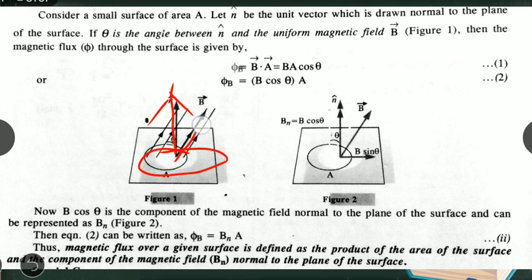The magnetic field is traveling in this direction, and this angle gives you theta. So n cap gives the direction normal to the surface, and theta is the angle between n cap and the uniform magnetic field.